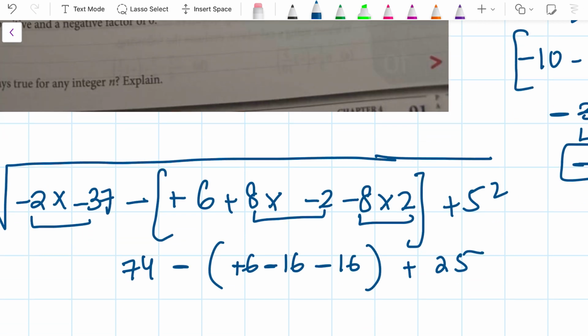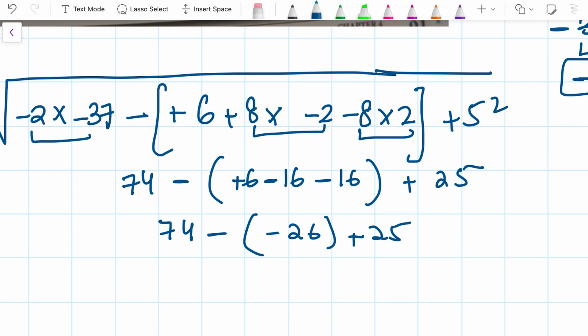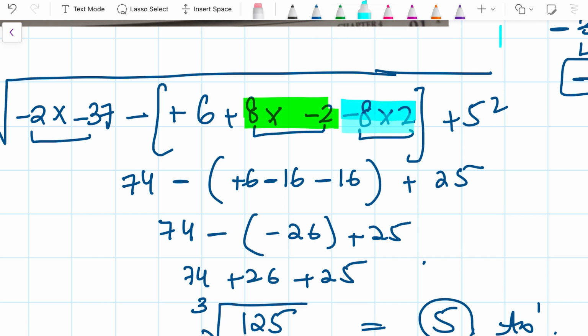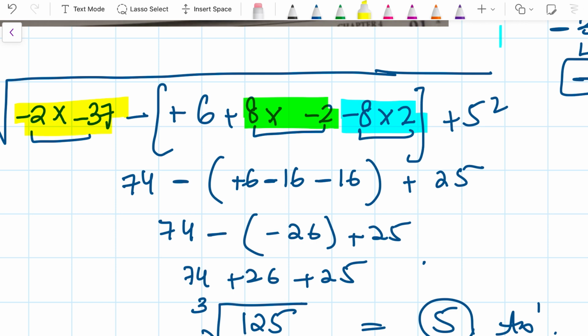Minus 6 minus 16 gives you a minus 26. 74 plus 26 plus 25 gives you a 125, and there's a cube root on it, so I get a 5 out of it. See, I do this multiplication, then I do this multiplication, and then I do this multiplication. So multiplications go first, and then I do the plus minuses to solve it further.